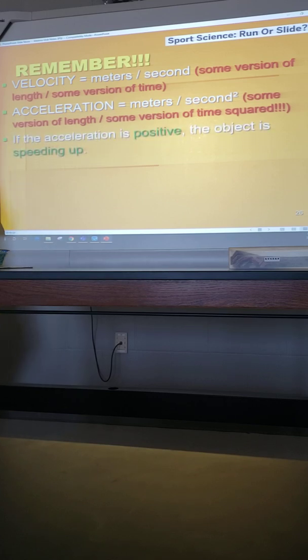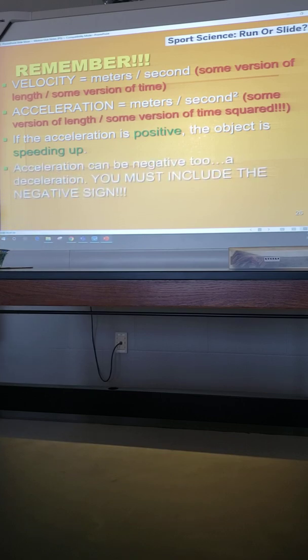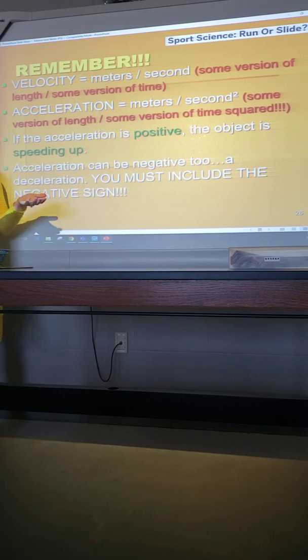Again, the units are still super important. If acceleration is positive, then the object is speeding up. If the acceleration is negative, then it's decelerating. You need to include that negative sign so people realize, because speeding up at 10 meters per second squared is very different than slowing down at 10 meters per second squared.